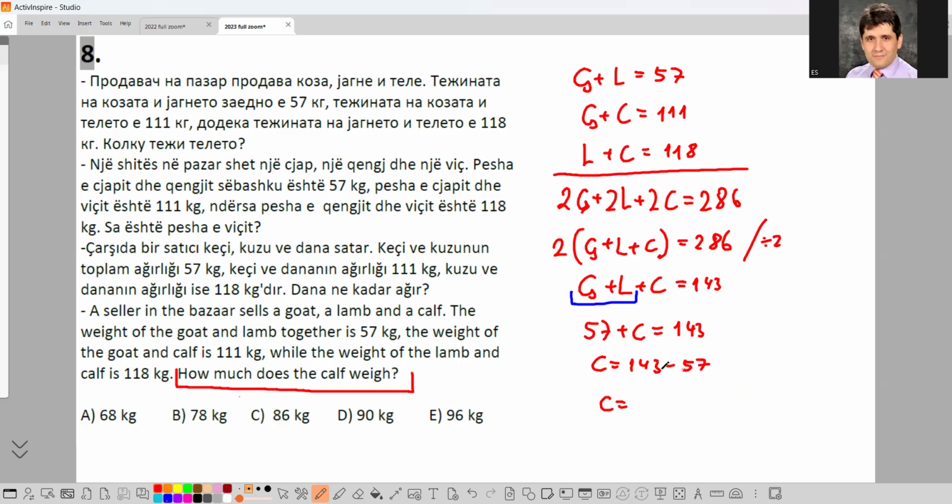If you can do it horizontally, do it vertically, no problem. 13 minus 7, 6. 13 minus 5, 8.